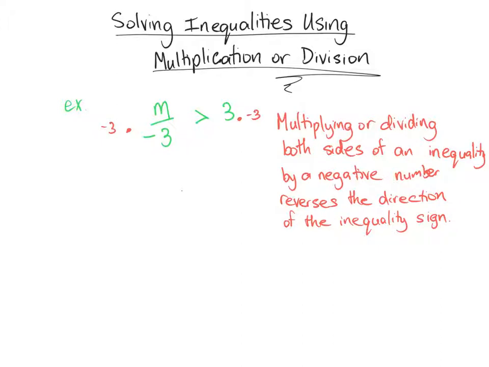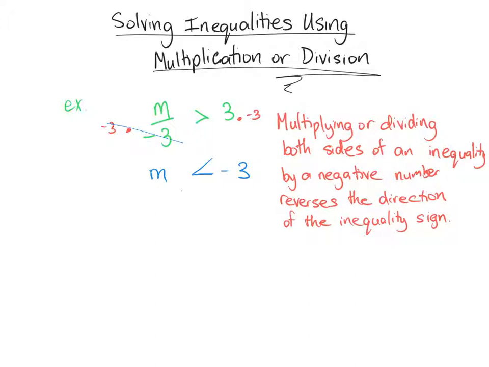Now, notice that we are multiplying by a negative number. So that tells us something very important. That tells us that we need to flip the direction of the inequality sign. So now it becomes less than instead of greater than.